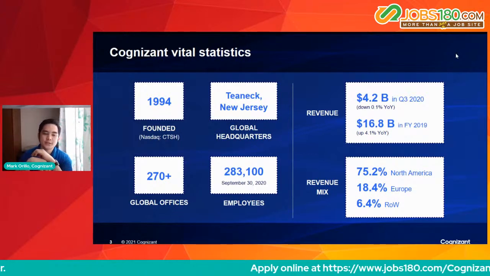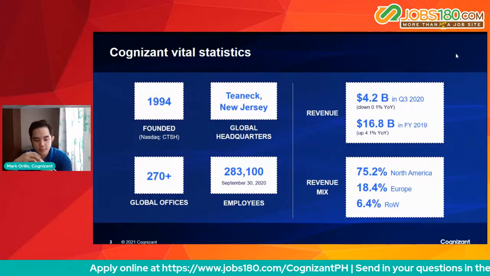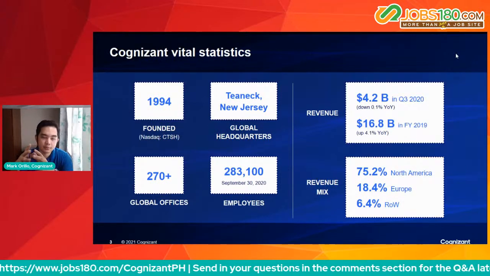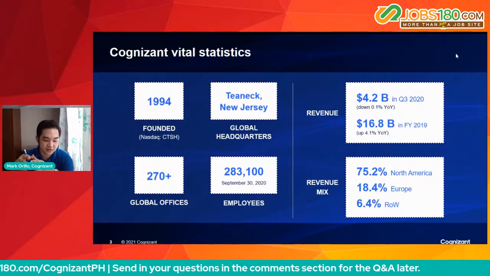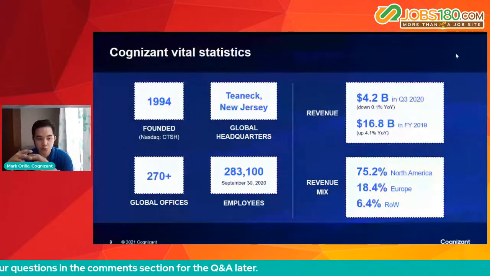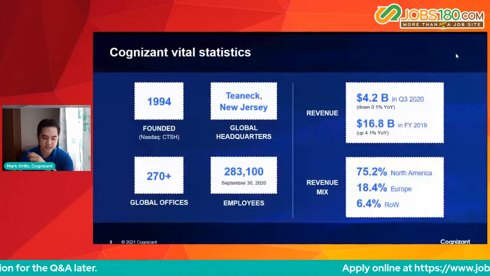In terms of business process services or BPS, we have big global footprints. When we say big, we have delivery centers or global offices that support all operations in the region. We have 270 plus global offices.